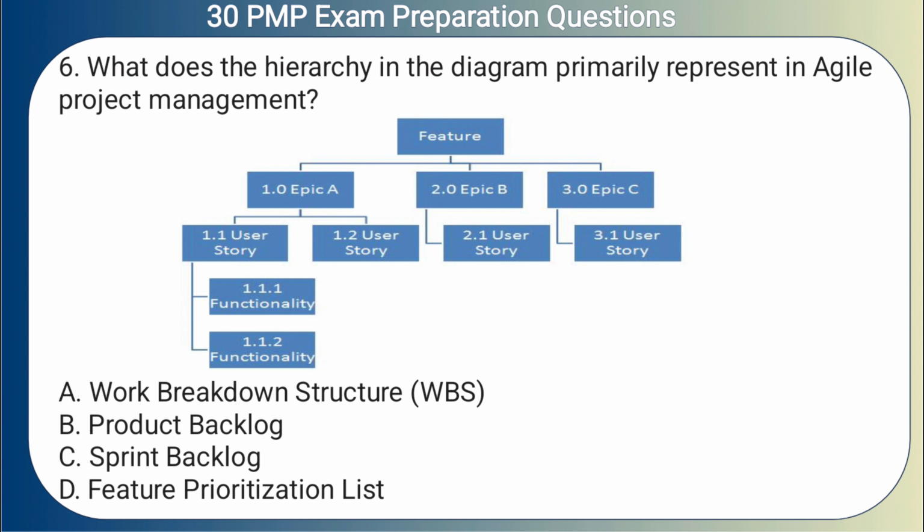6. What does the hierarchy in the diagram primarily represent in Agile project management? A. Work breakdown structure, WBS. B. Product backlog. C. Sprint backlog. D. Feature prioritization list.